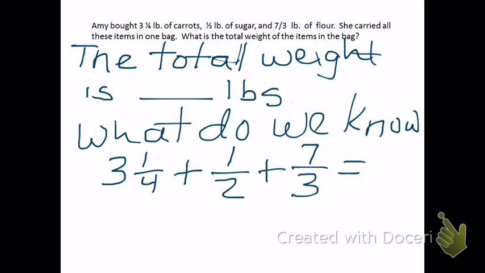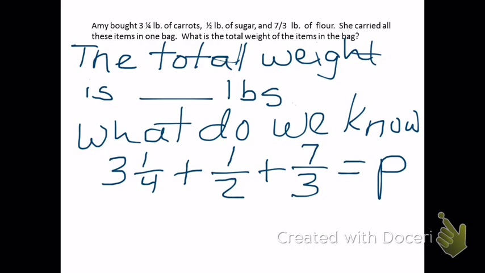It's going to be pounds, but do we know how many pounds? No. So what do we need to put in that spot? A question mark, but if it's an equation, 5th grade we learned we could put what there? Variable. A variable, and what one do we want to use? P? P works. Okay, 3 1/4 plus 1/2 plus 7/3 equals P, and P is those total pounds.